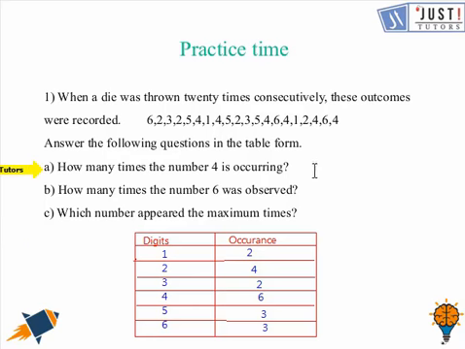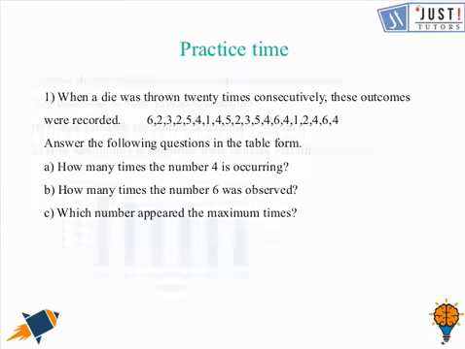A part says how many times number 4 is occurring. We've already calculated that 4 is occurring 6 times. And the B part says how many times the number 6 was observed. We need to look at our table again. That says 3 times. And then which number appeared the maximum times? We know that number 4 has appeared the maximum times, 6 times.